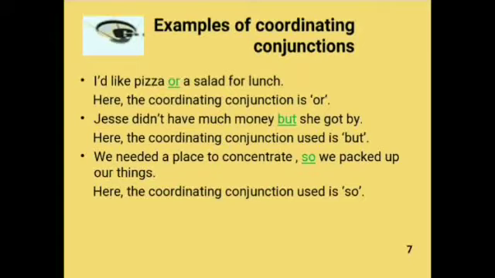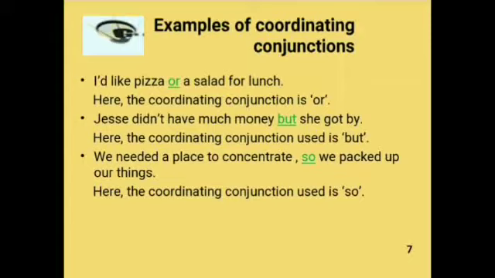I'd like pizza or a salad for lunch. Here, the coordinating conjunction is or. Jessie didn't have much money, but she got by. Here, the coordinating conjunction used is but.